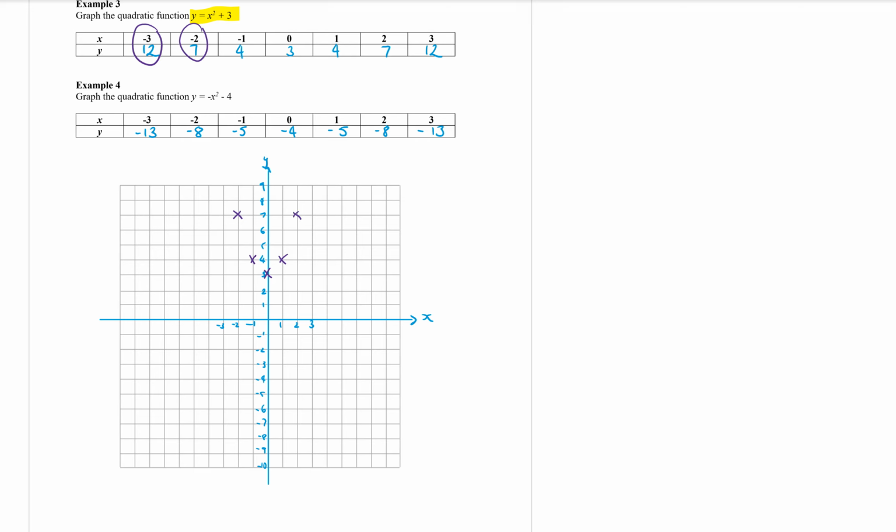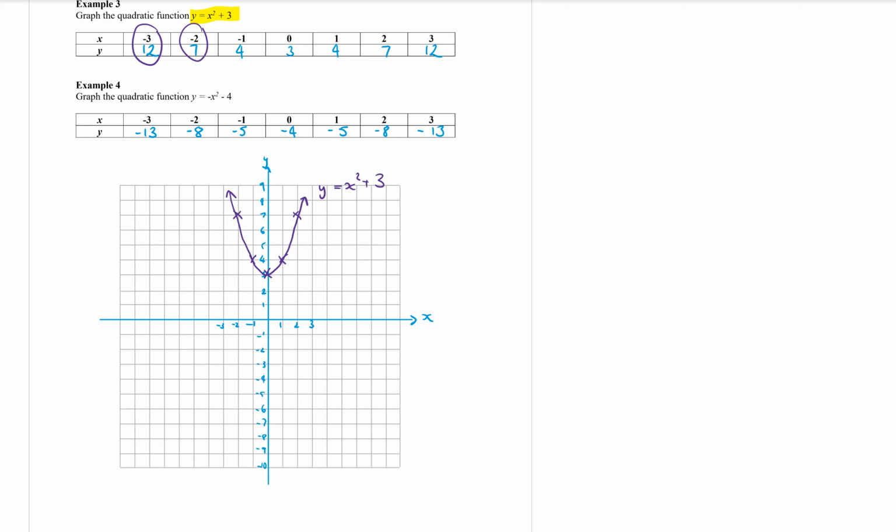And 3 and 12 can't fit on my graph. So there it is. That's the graph of y is equal to x squared plus 3. So it's the same shape as the first parabola, but that +3 has moved what we call the vertex of our parabola up 3 places.